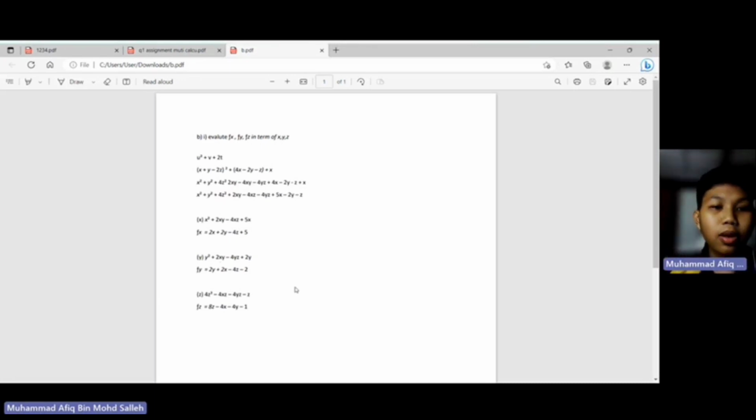The final answer for evaluating fx, fy, and fz, from the final solution involving finding the partial derivative of the given expression with respect to x, y, and z, are 2x plus 2y minus 4z plus y, 2y plus 2x minus 4z minus 2, and 8z minus 4x plus 4y minus 1 respectively.